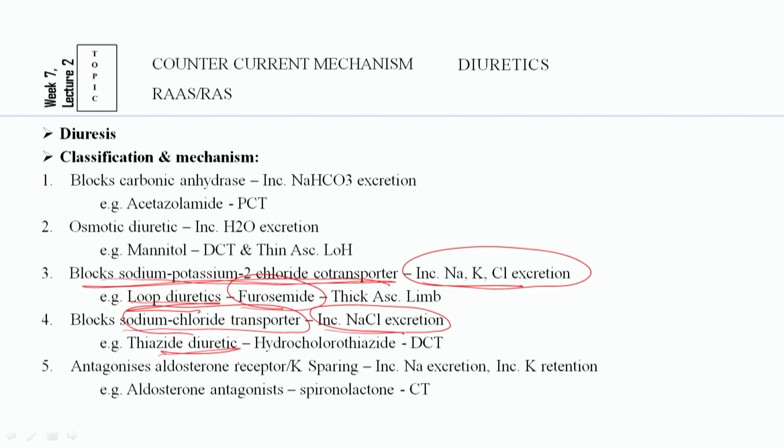An example is thiazide diuretics, such as hydrochlorothiazide, which acts on the DCT. Then antagonizing the aldosterone receptor, or potassium sparing, as you will find in many books. So it increases sodium excretion and potassium retention. An example of an aldosterone antagonist is spironolactone, which acts on the collecting duct.